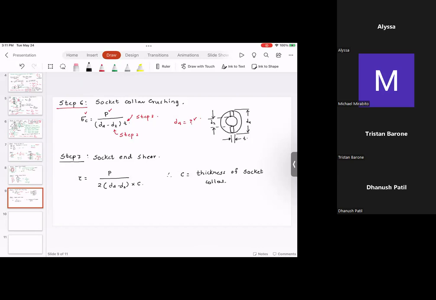So you have the socket collar and you want to find out its thickness. I just want to show you this failure mode because it might be difficult to visualize. So let me draw a three-dimensional view.